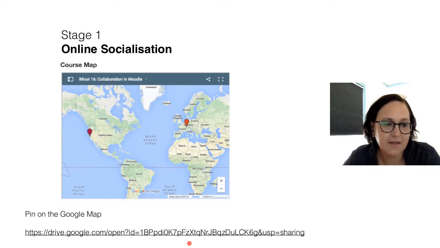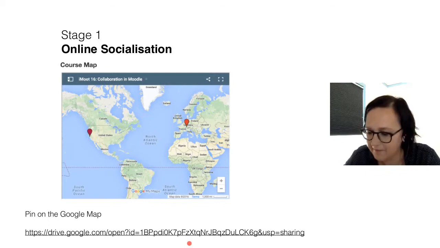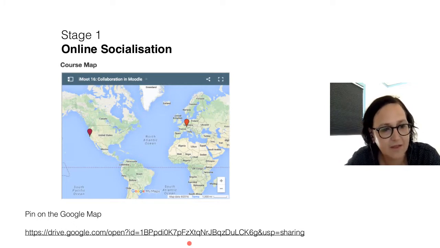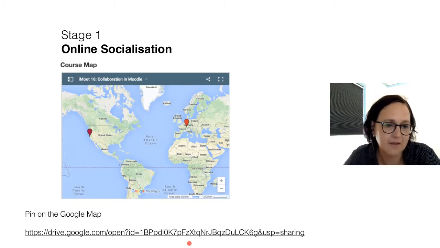And I think it's a nice feature because everyone can explore this map and see places they like or are interested in, and look who's from there. It's a nice way to explore where others are, or explore the map of the course.